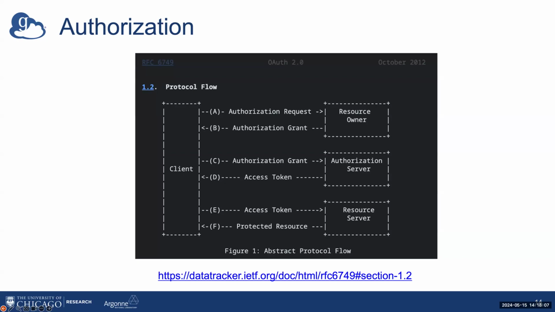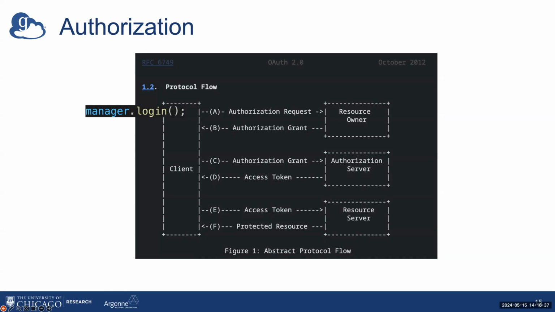I mentioned we use PKCE, so one thing not shown here is that there's a separate chart that explicitly states where the code challenge occurs. That's not in this diagram, but it would occur within the authorization grant itself. So using this diagram, I'm going to talk through how the authorization manager takes care of the handshake for you.